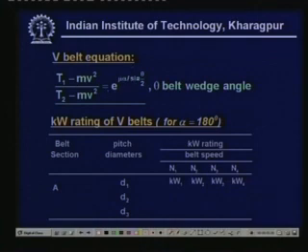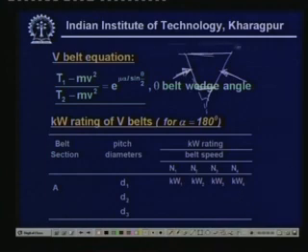Due to the belt shape, which has a wedge, this is the wedge angle we are referring to, this surface also comes in contact with the pulley groove. So we expect an additional frictional force to come into picture for V belt drives. Thereby this equation is modified to e to the power mu alpha by sin theta by 2, where theta is the belt wedge angle.